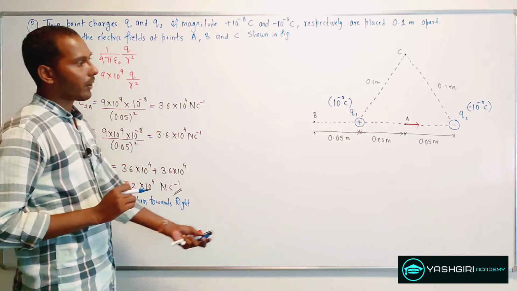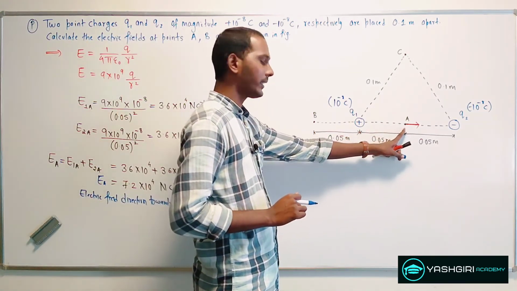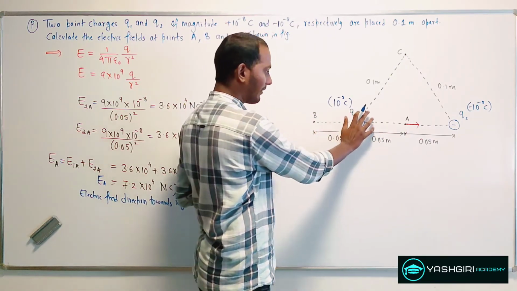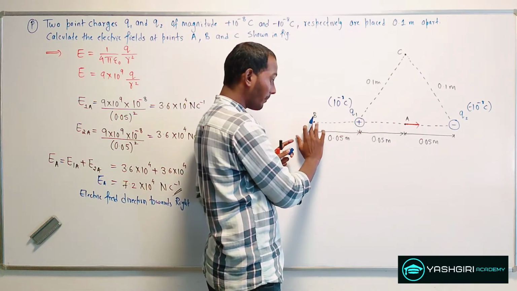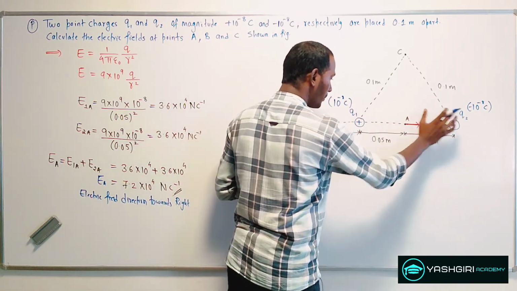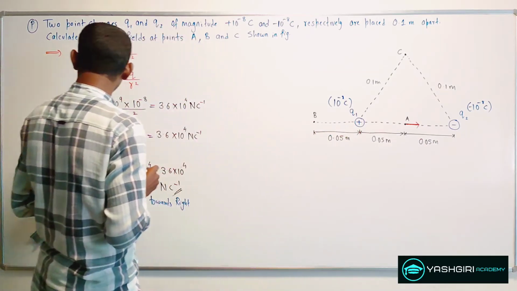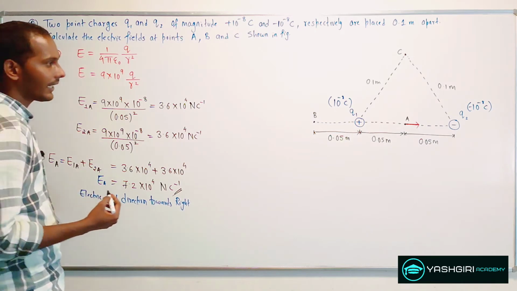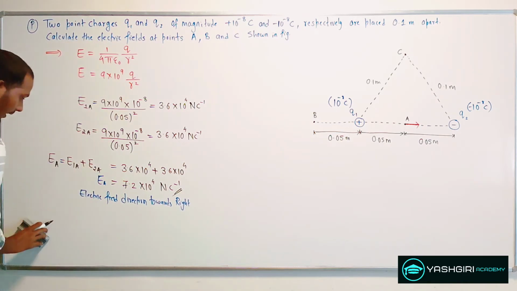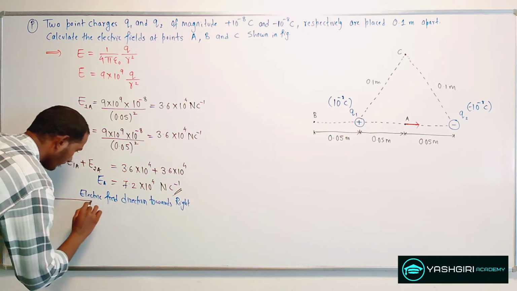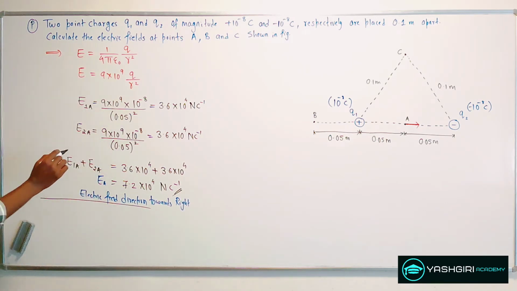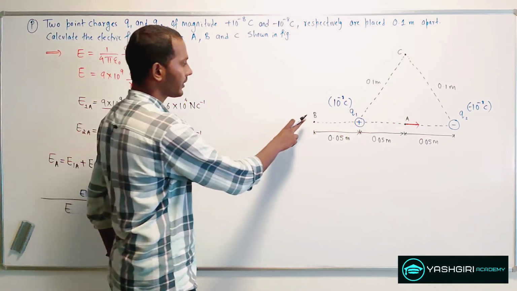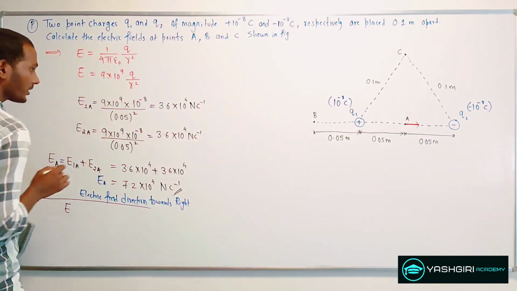Now we have calculated at the point A. So now let's calculate at the point B. Once again we need to calculate the electric field produced by this charge Q1 at a point B, and again by a charge Q2 at this point B. So let's calculate the electric field at the point B due to your first charge.